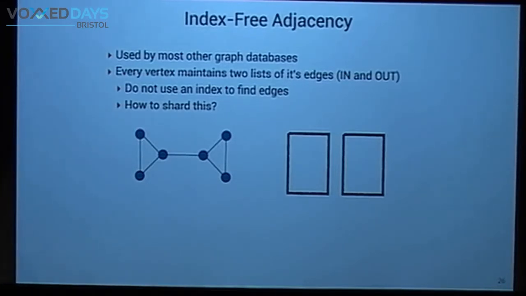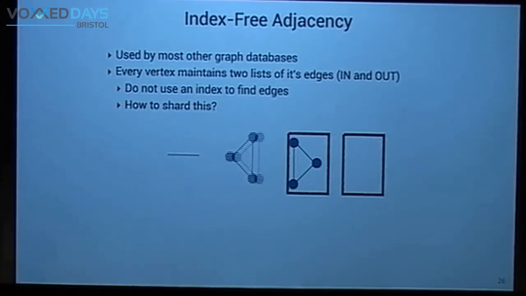So basically the inbound and outbound edges of a certain vertex are stored directly at the vertex. They do not use an index to find these edges because they don't want it to slow down. But the problem is, how can I shard this? One part I can shard easily because those are connected. The other parts I can shard as well. But what about this edge? Where should I store it? Should I store it on the left server or on the right one?